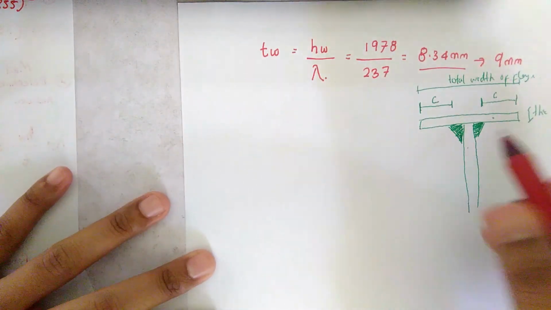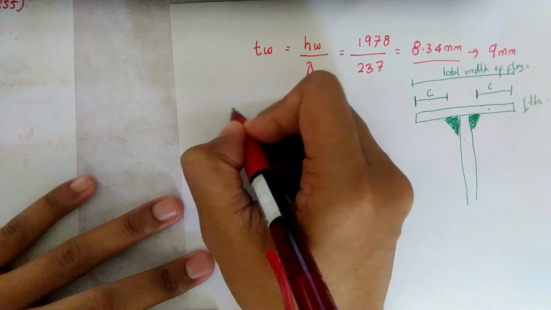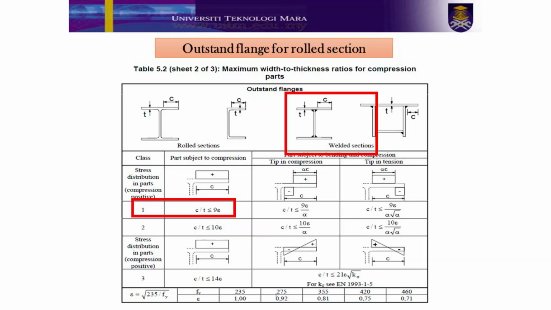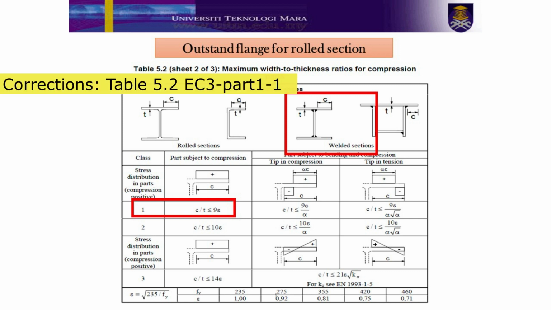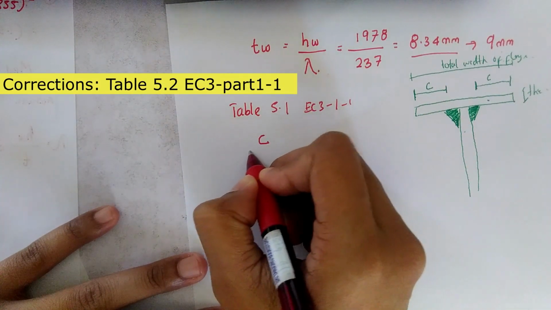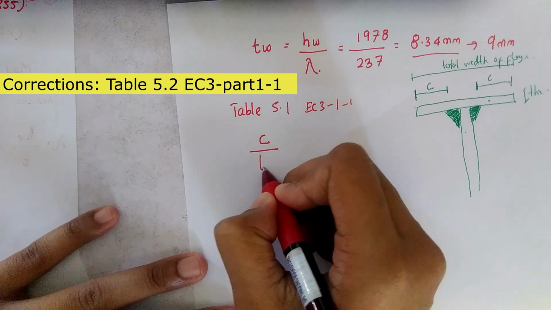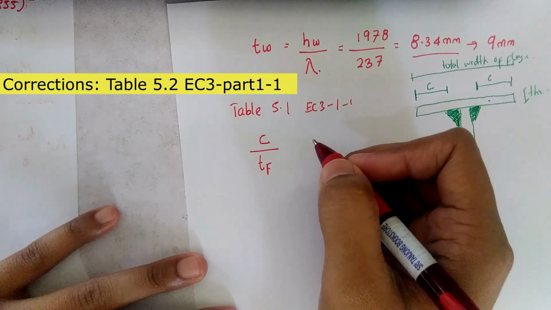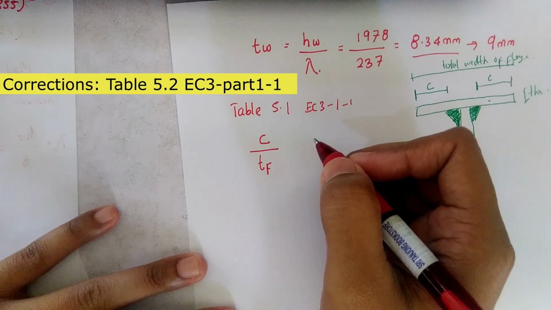Based on table 5.1 in EC3 part 1.1, you can see the section classifications are based on the thickness of your flange.